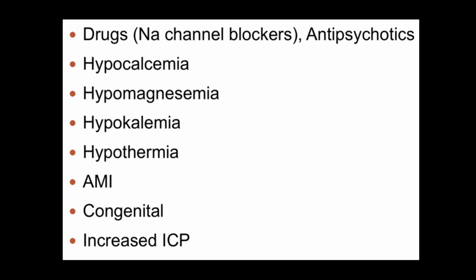She could also be experiencing an acute MI. This very well could be congenital. Alternatively, you have an unconscious patient. This could also be accompanied by an increased intracranial pressure. So that's a quick way to evaluate some of the causes for a prolonged QT.